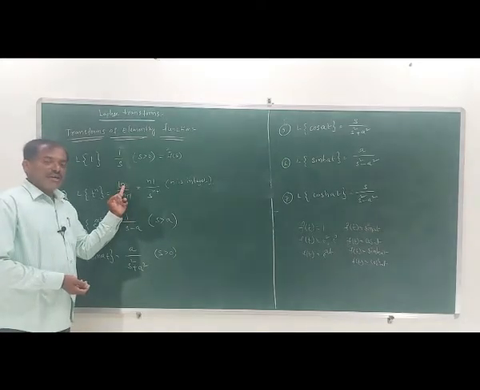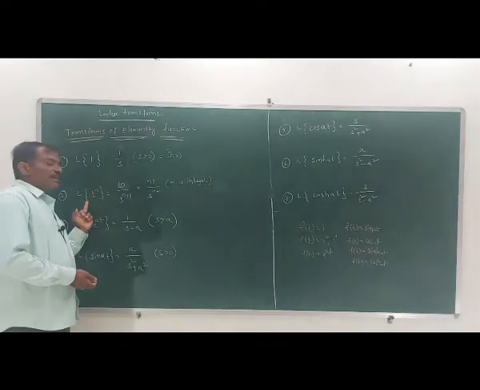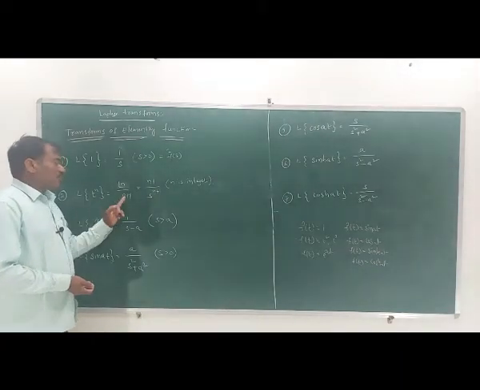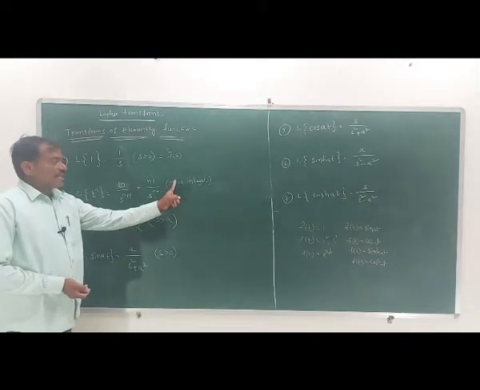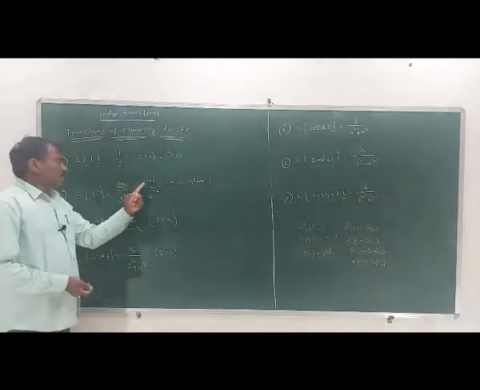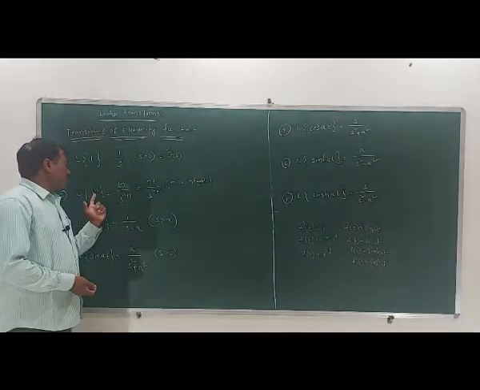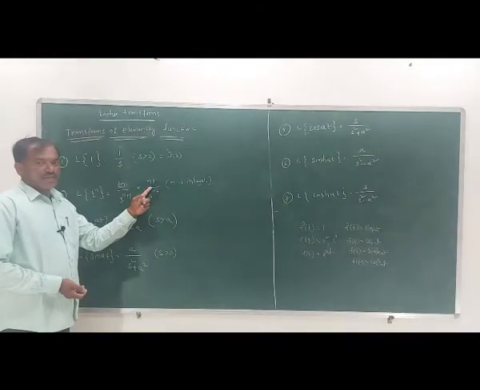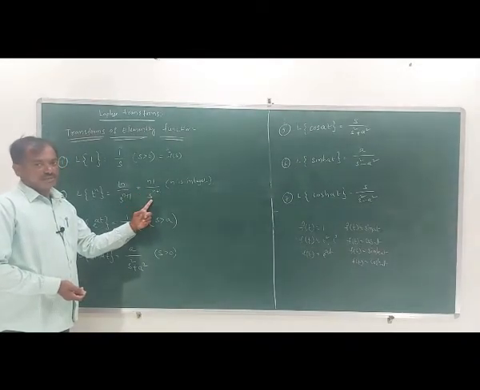When n is non-integer, this is the formula for the Laplace transform of t to the power of n. When n is an integer, the Laplace transform of t to the power of n equals n factorial by s to the power of n plus 1.